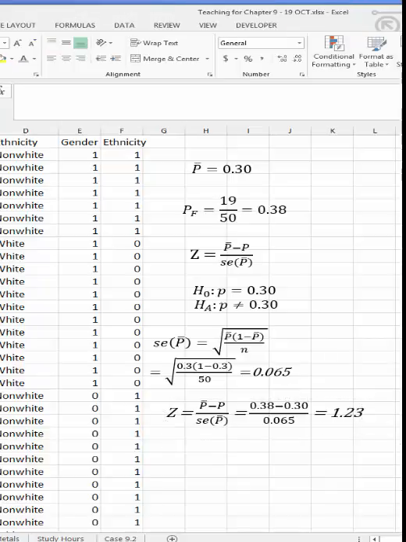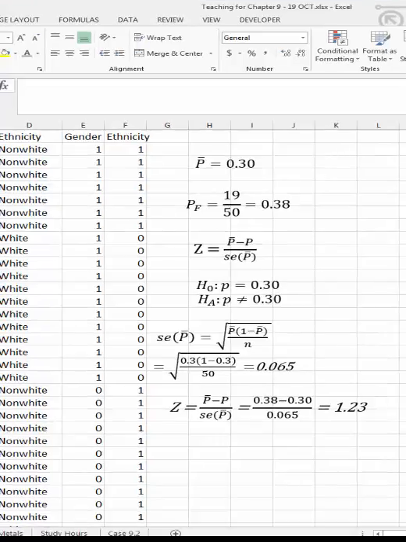There was a lot of discussion in class and a little bit online about whether or not we could do this using an Excel function. So I looked through the book, and I also looked at a few things on Excel, and I was not easily able to obtain an Excel function that does exactly what we need to do in this case. So instead, I'm going to show you on a Z table.